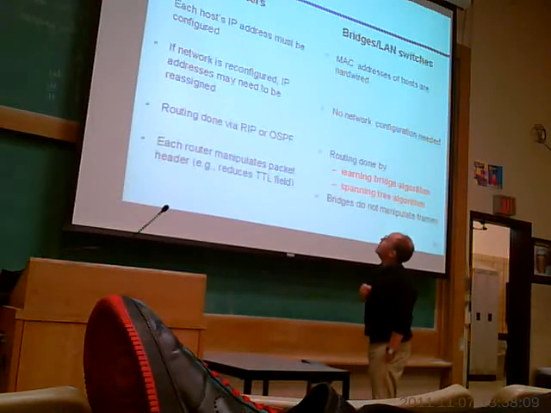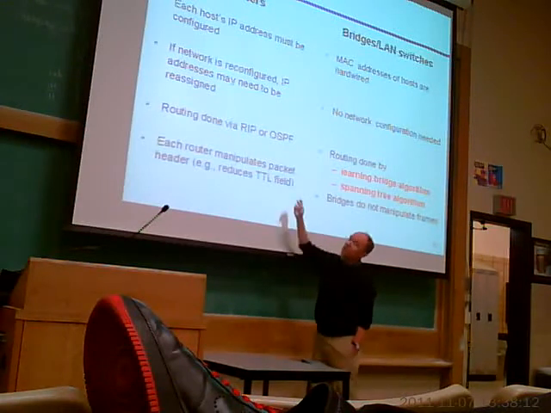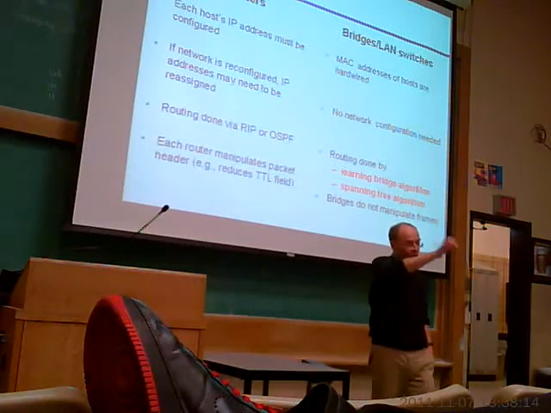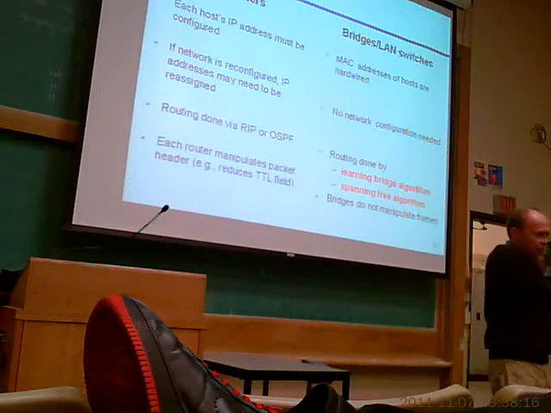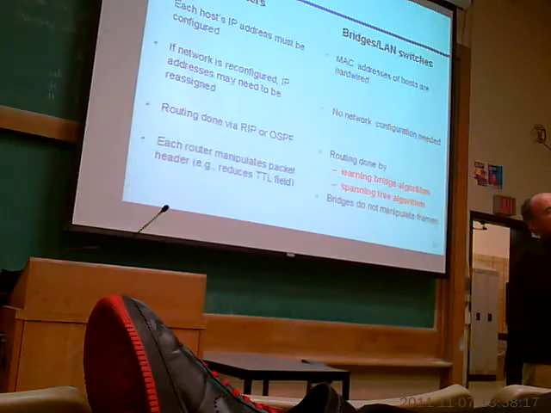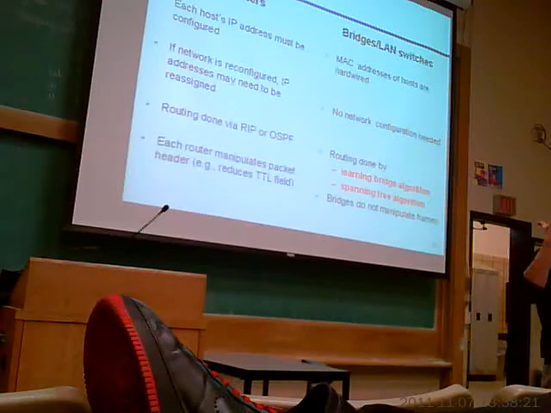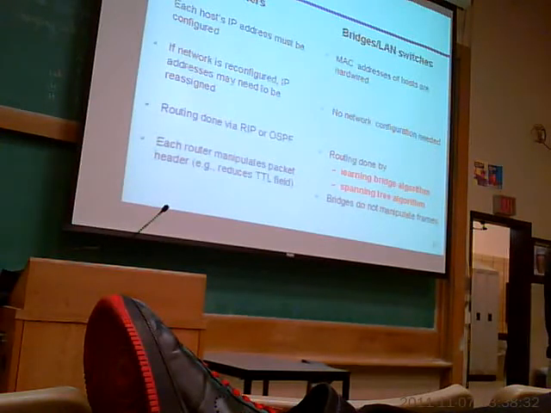And then as far as processing is concerned, for each packet that is being processed, the router has to inspect the header, check the checksum, reduce the TTL field, recompute the checksum, and send the packet out. There's a lot of processing that takes place on a header.